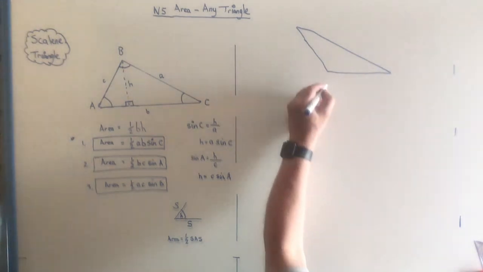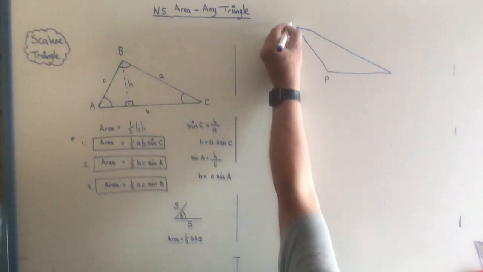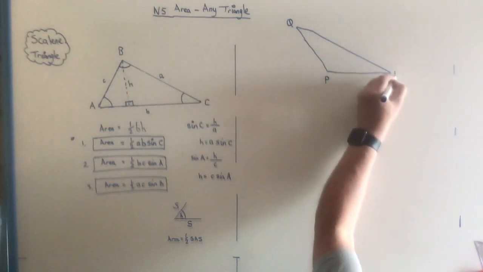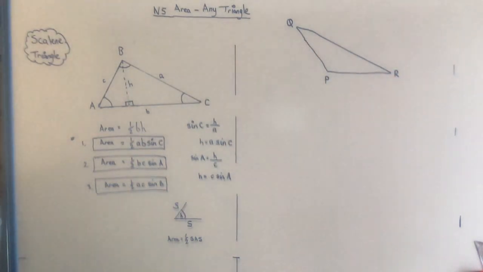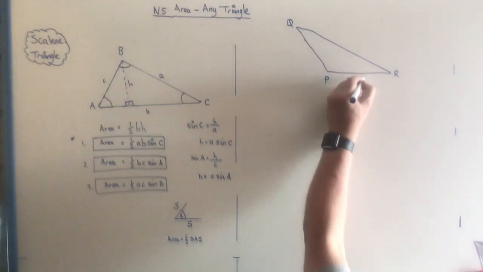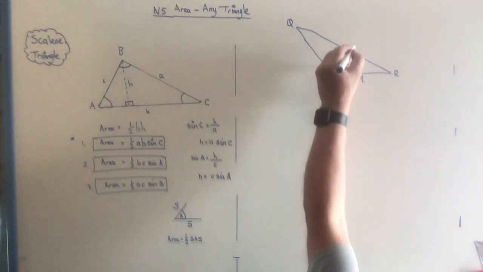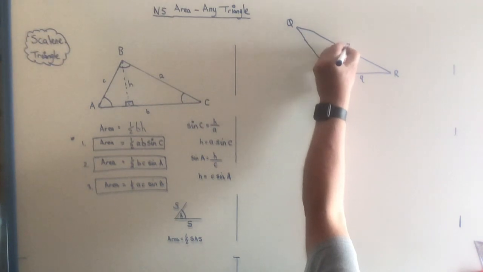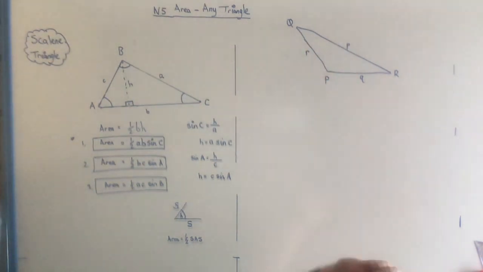So let's work it out. And other bits in the question, well, let's label it first. This is small q, this is small p, small r. Remember, you always label the triangle first.